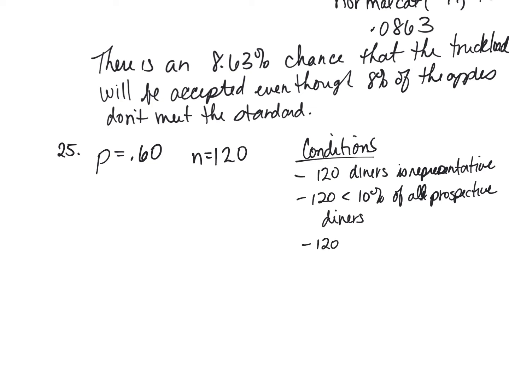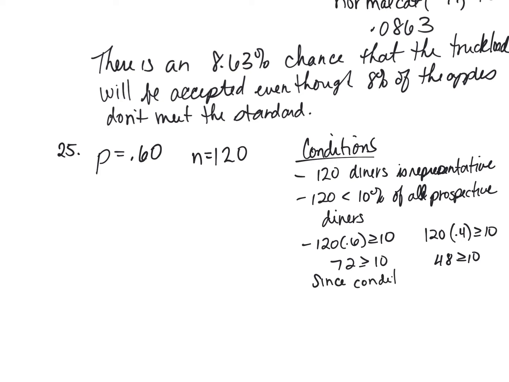Now 120 times 0.6 is 72. And 120 times 0.4 is 48. This is our np and nq, which have to be greater than or equal to 10. This is the condition that checks to make sure the sample size is large enough. So since conditions are met, a normal model is appropriate.